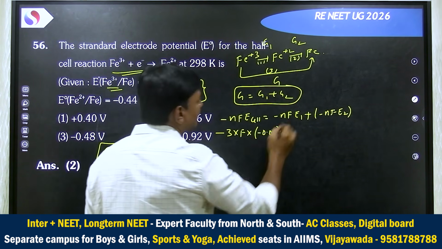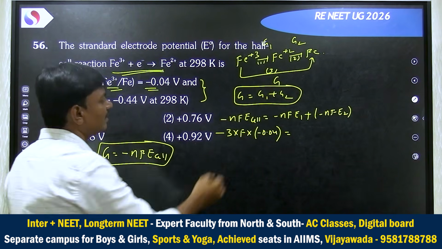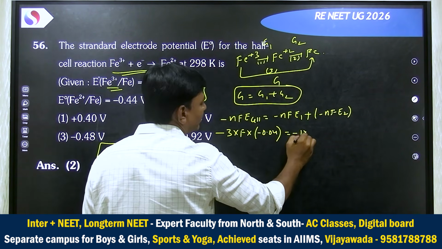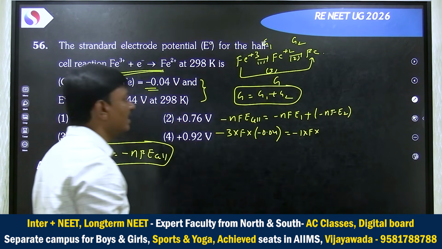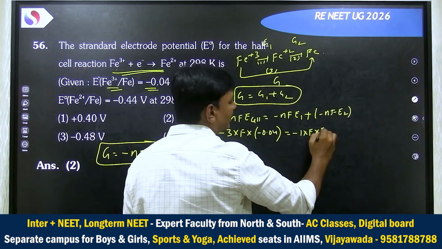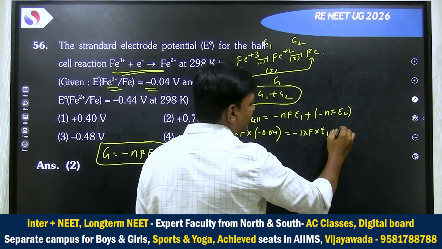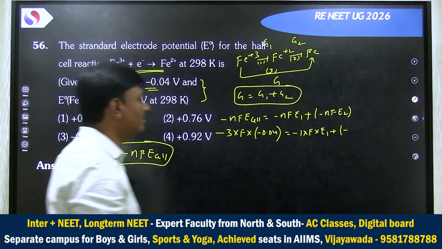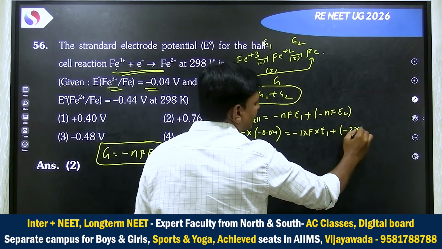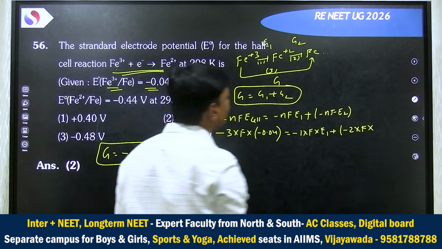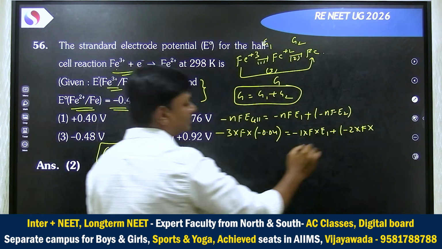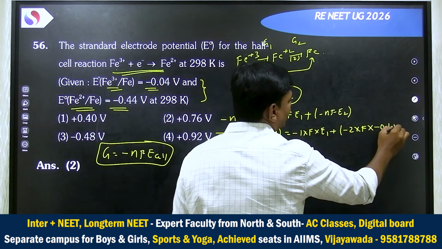For E1, the number of electrons involved is only 1, so 1 into F into E1, because we have to calculate the E1 value for Fe plus 3 to Fe plus 2. Plus, here minus n, the number of electrons involved in E2, which is 2 electrons, and F into E2, the electrode potential value for Fe plus 2 to Fe, here minus 0.44.